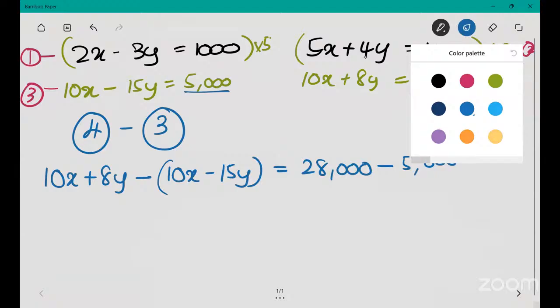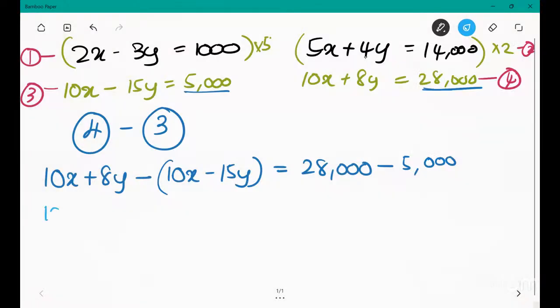Now let's open the bracket. 10x plus 8y minus 10x. Here it's a plus sign, so minus into plus is minus. Here minus into minus 15y: when you multiply same signs together, it becomes a positive. So minus into minus 15y becomes plus 15y is equals to 28,000 minus 5,000, 23,000.